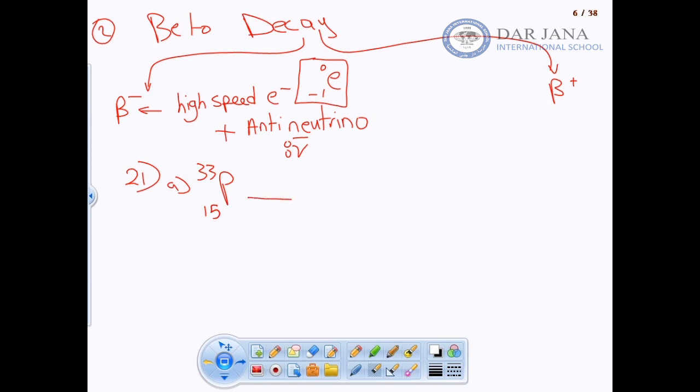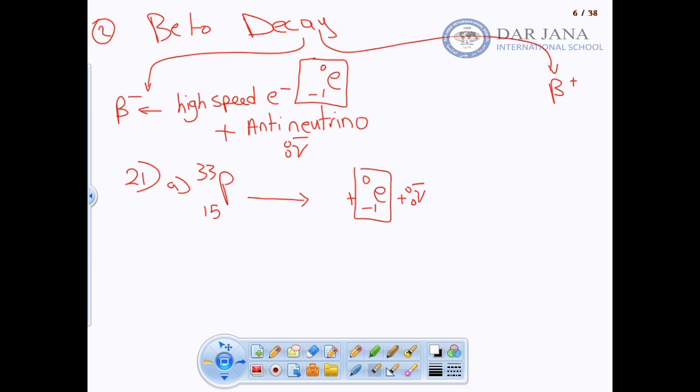It will undergo beta minus decay, so it will be emitting an electron, e -1, 0. You should memorize this. And of course, we have an antineutrino associated with that emission.